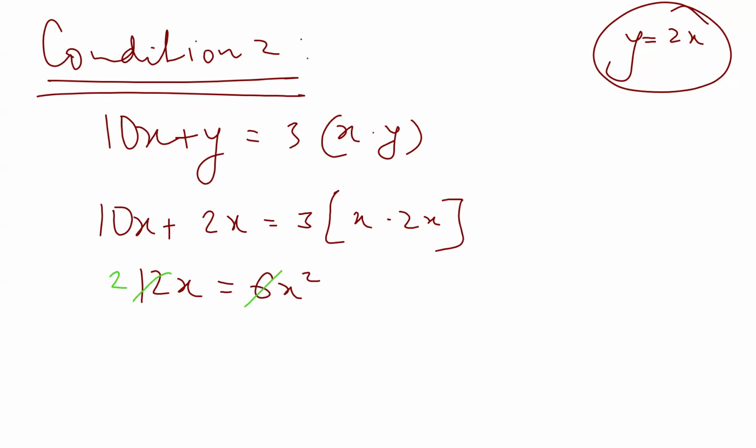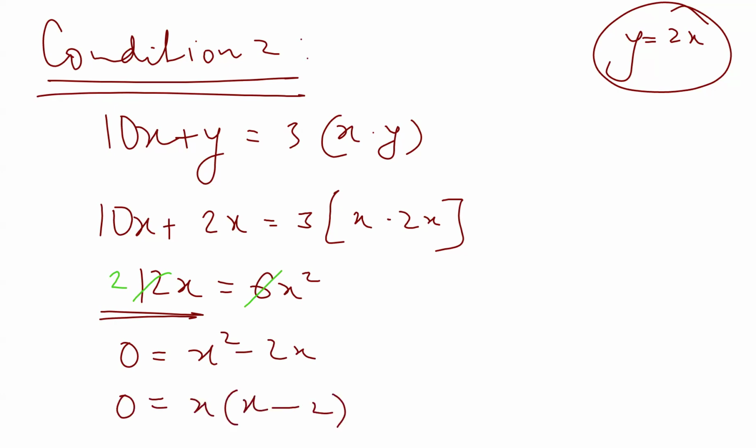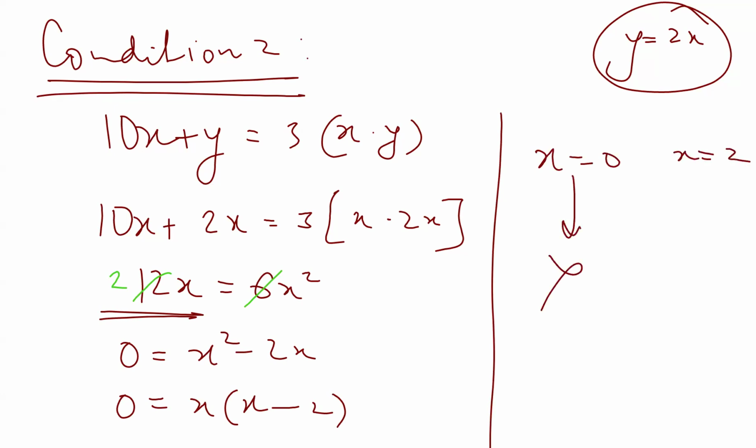Send this 2x to the right hand side: x square minus 2x, so x into x minus 2. This will give me x equal to 0 and x equal to 2. The case x equal to 0 will be discarded.